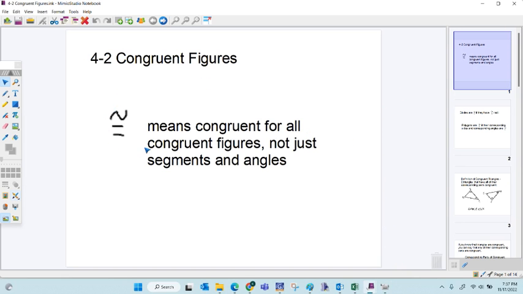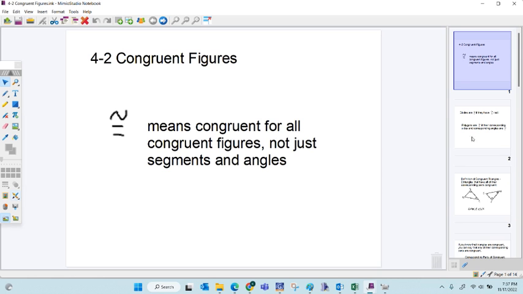Okay, so first of all, you know what this symbol means. It means congruent. It's used for all figures that are exactly the same as each other, not just for segments and not just for angles, but it can apply to triangles as well. That means that one triangle would be exactly the same as another triangle.